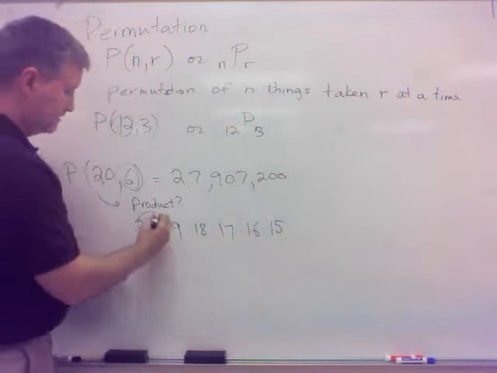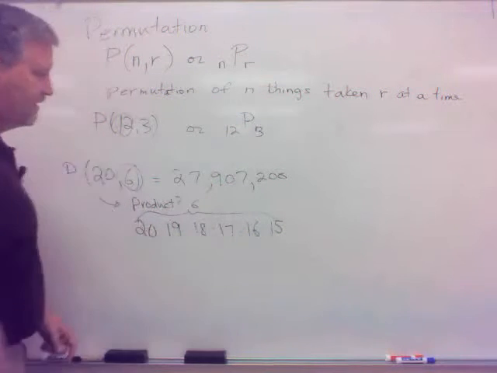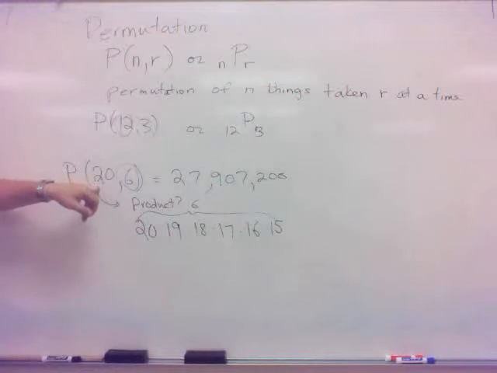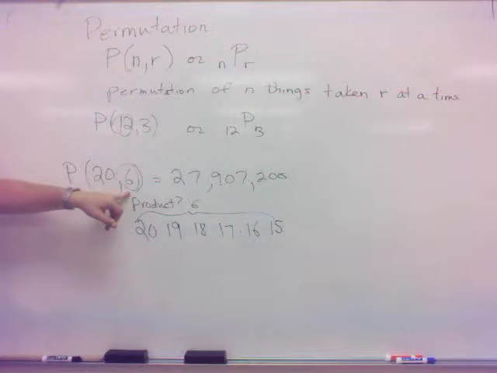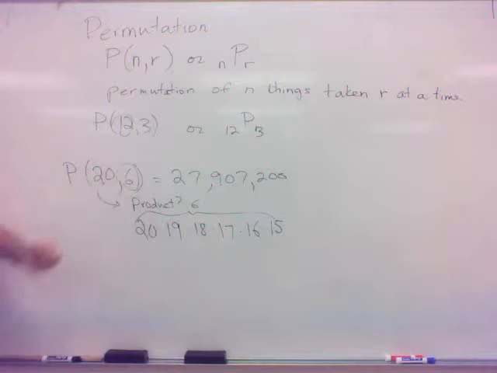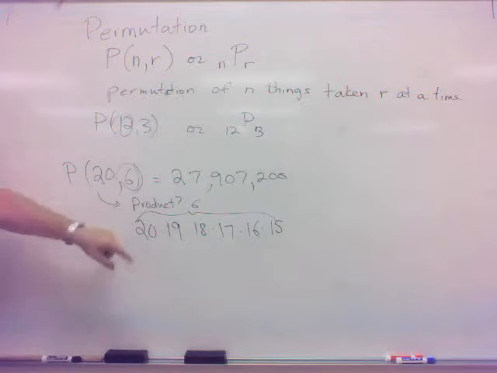Why? There's 6 of them there. The 20 is where you start. The 6 is how many numbers you get, and then you stop. Okay, so 20P6 is 20, 19, 18, 17, 16, 15. And you should get this number if you multiply those together.